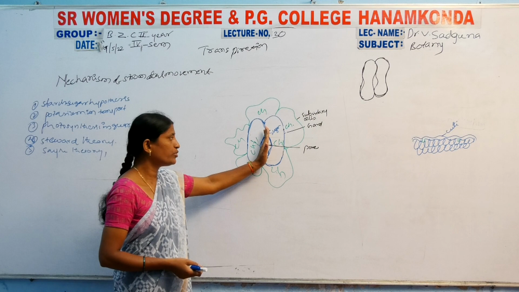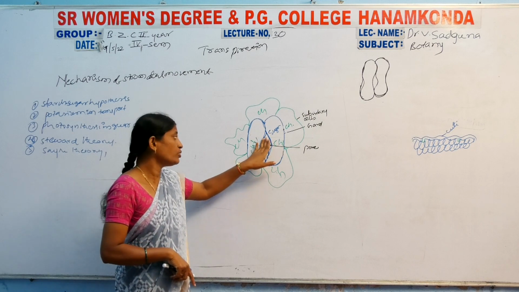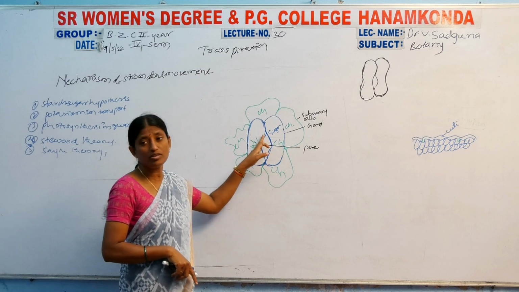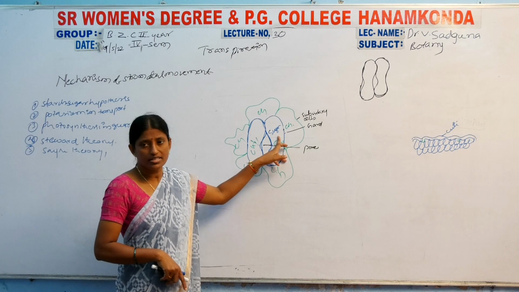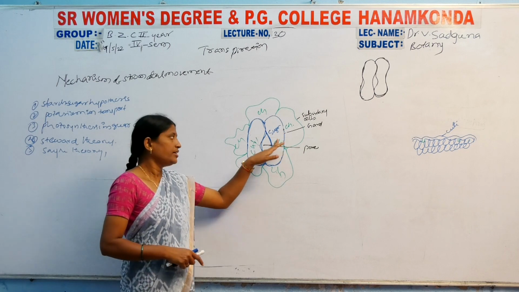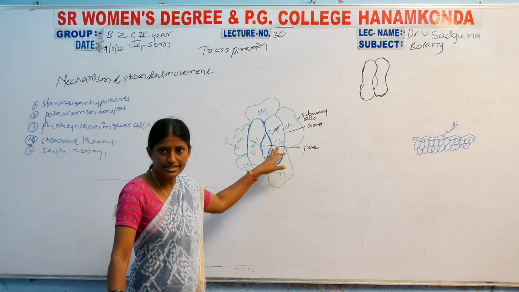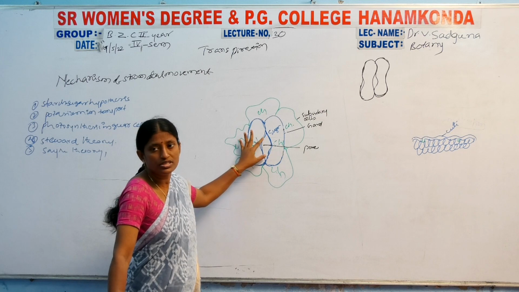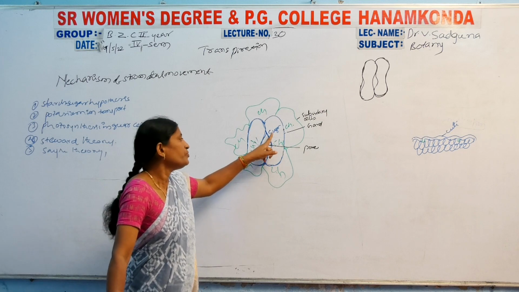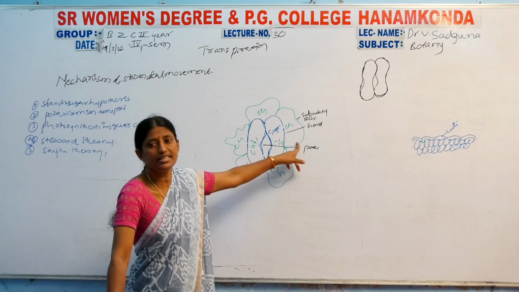Then the pore is closed. Before the pore is closed, all these molecules are transferred into the guard cells. Whenever they are in the guard cells and the pore is closed, the guard cells automatically transfer into the starches in the subsidiary cells.